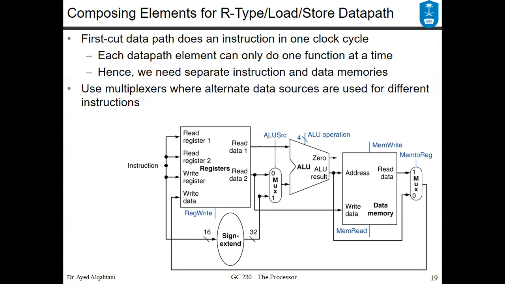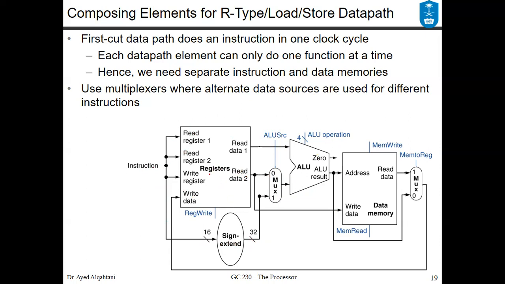The control line is called ALU source. So this ALU source could be from the second operand of the register file, or it's sign extended from the instruction, meaning the immediate value.